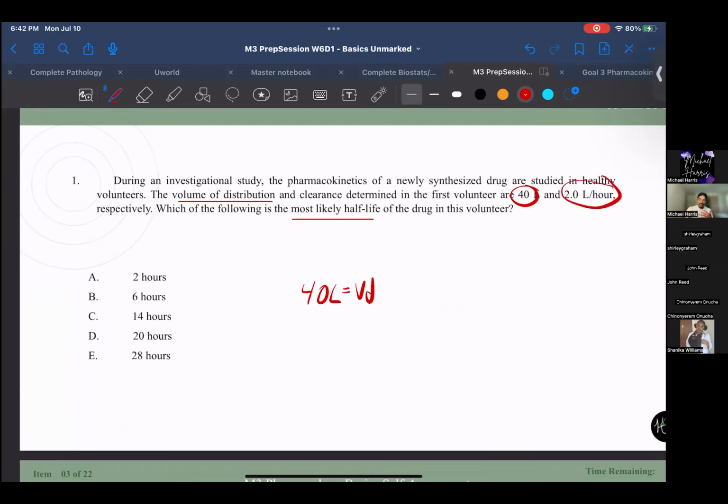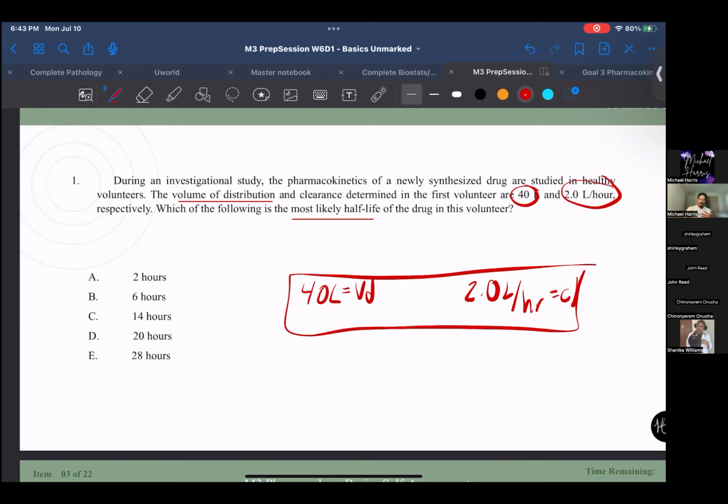We know the clearance, 2 liters per hour. So what do you do with these? What do you do with volume of distribution and clearance? There's an equation we talked about that you use both of these to calculate out the half-life.